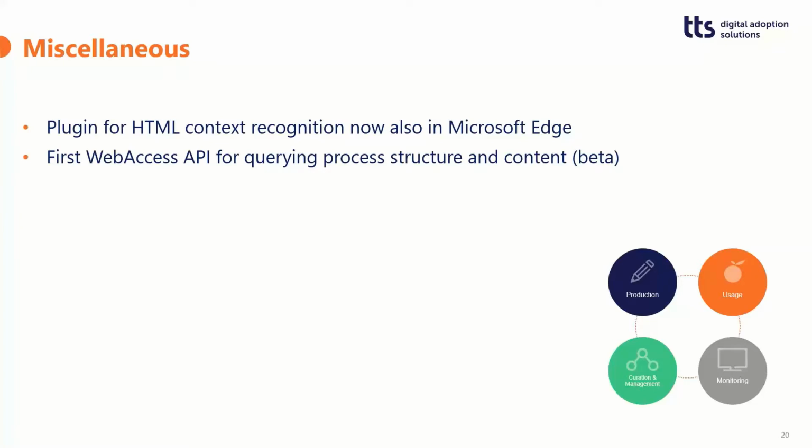We introduced the first APIs for querying process structure and the content of processes from our web access data. We are working currently on introducing even more APIs with future releases, and therefore this is really a first beta version of the APIs that are upcoming.